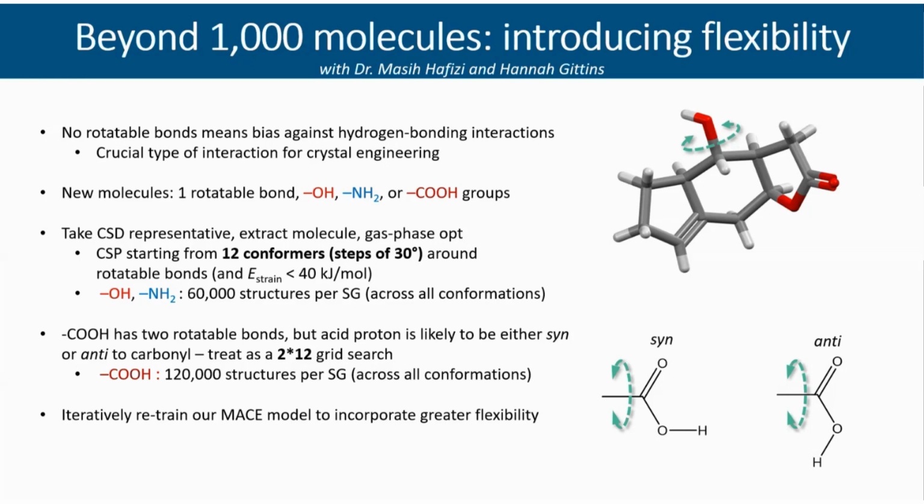Obviously, one of the important things that is missing from this data is molecular flexibility, and in particular, because we said no rotatable bonds, it means we're excluding all sorts of important intermolecular interactions, particularly hydrogen bonds.